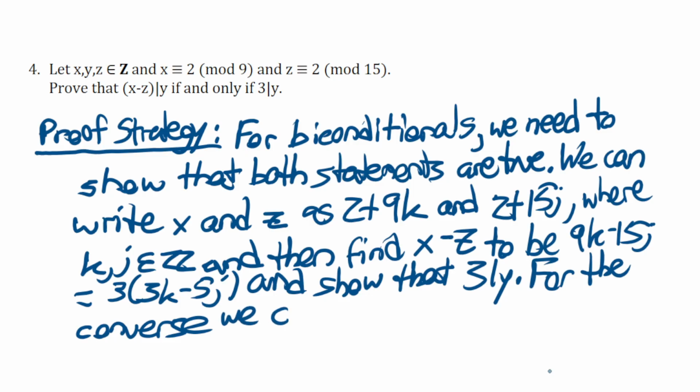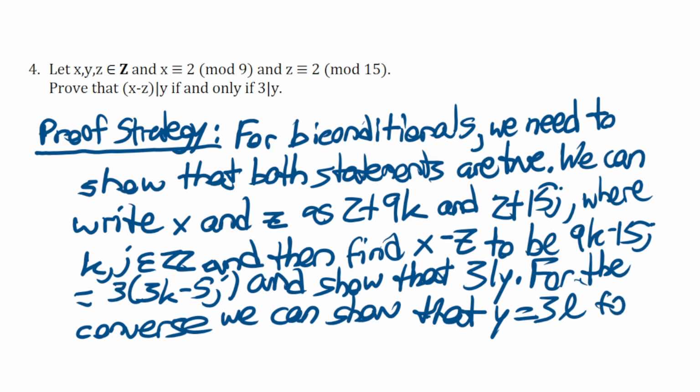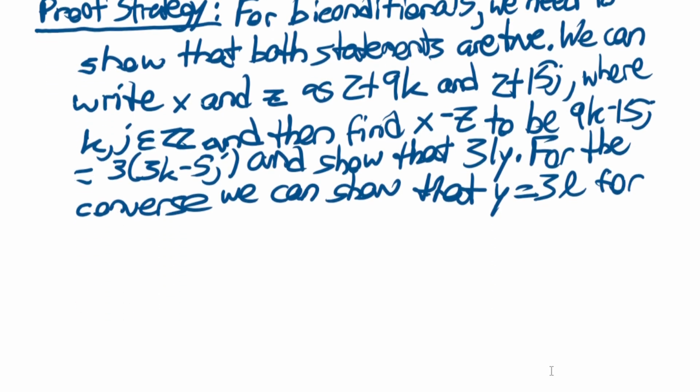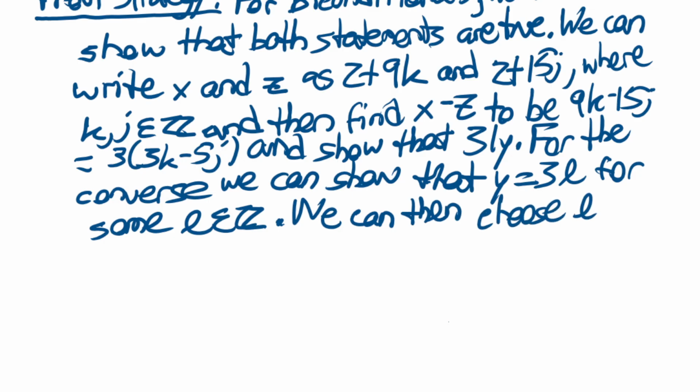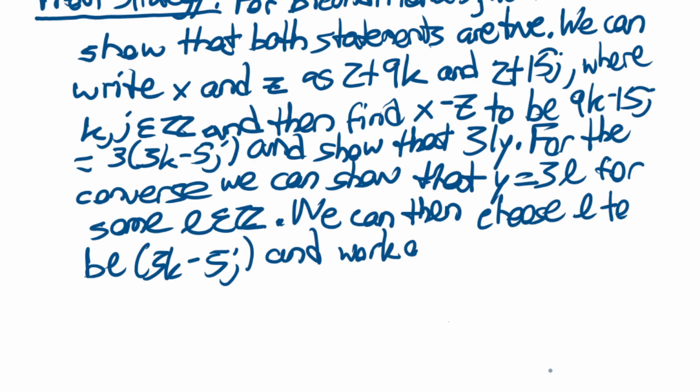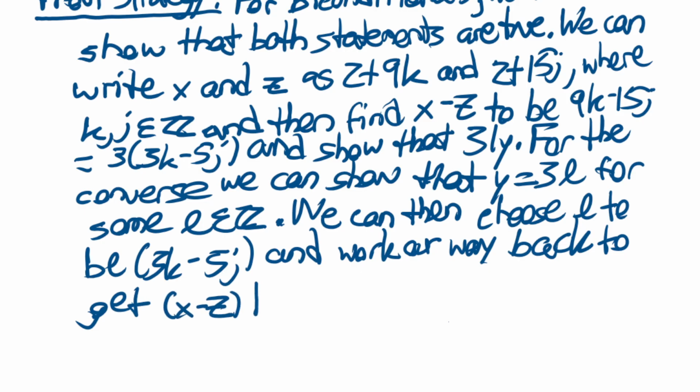And then for the converse, we can show that y equals 3L for some integer L. So we can then choose L to be 3k minus 5j and work our way back to get x minus z divides y.